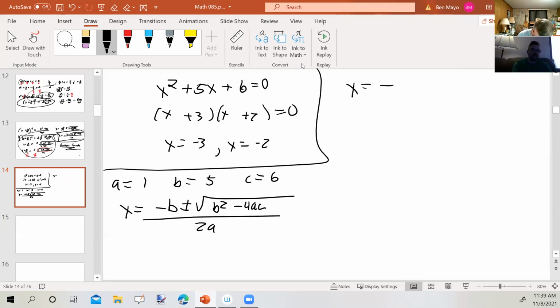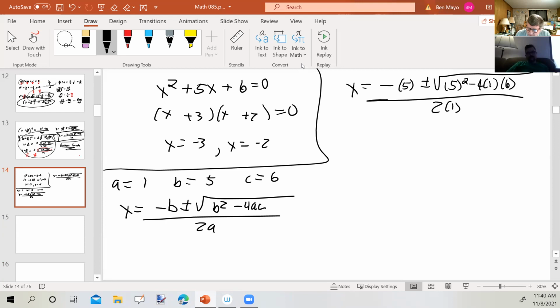X equals negative 5 plus or minus the square root of 5 squared minus 4 times 1 times 6, all over 2 times 1. X equals negative 5 plus or minus the square root of 5 squared is 25 minus 4 times 1 times 6 is minus 24, all over 2.